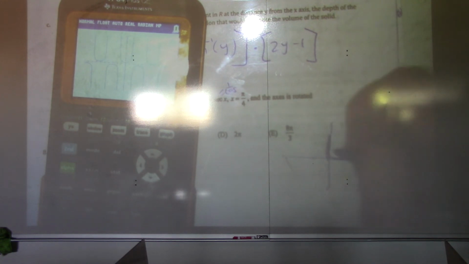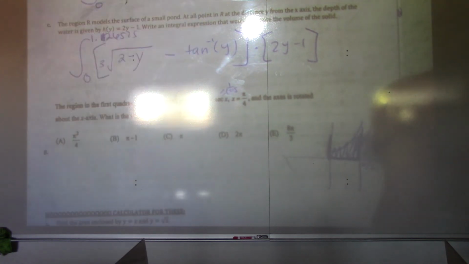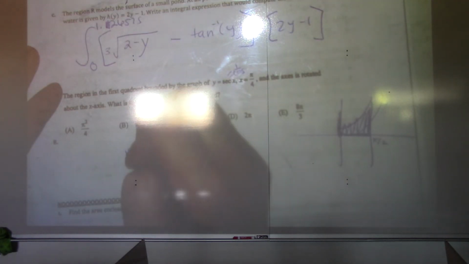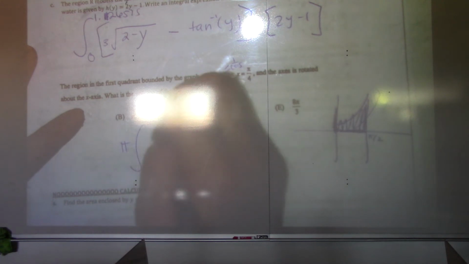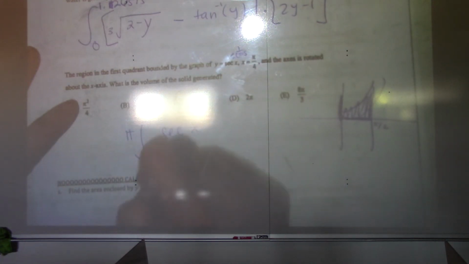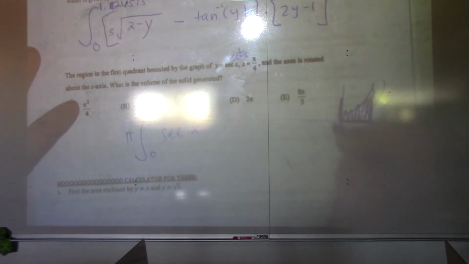Okay, whatever. So I'm taking this area and rotating it about the x-axis. So this is going to be a pi r squared equation, where the radius is just secant. So this is pi secant squared x, going from the axes, so from 0 to pi over 4.